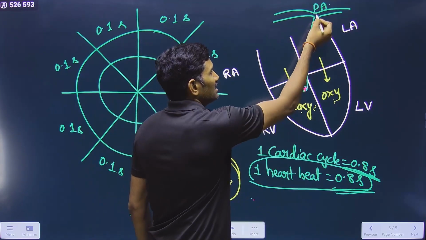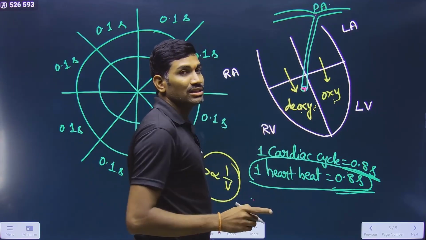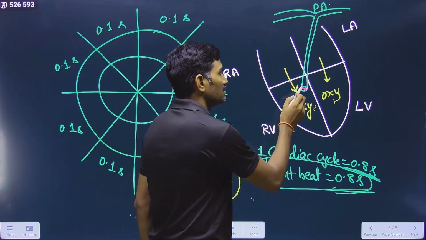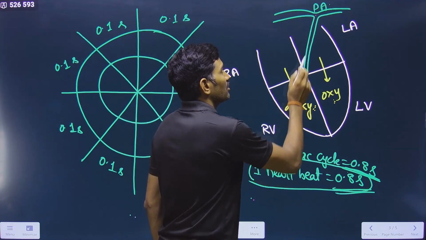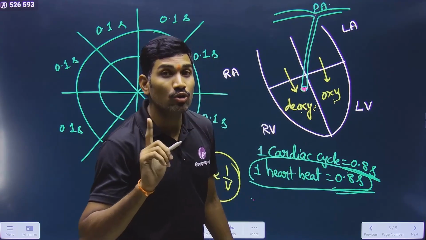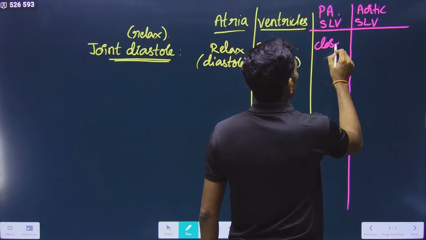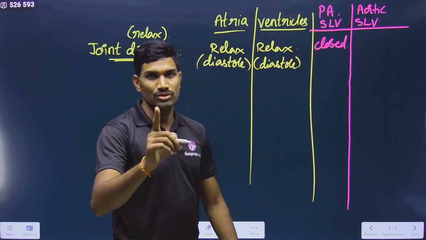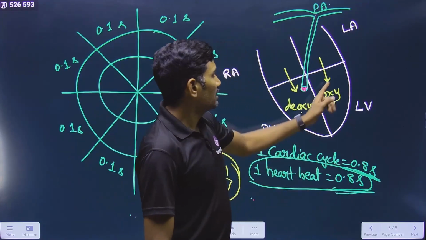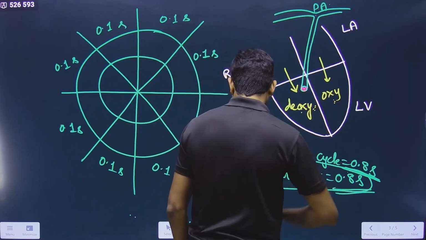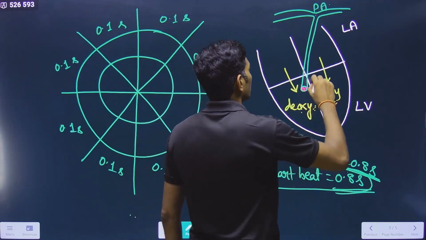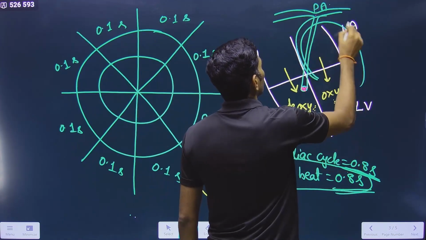If you don't understand the interlinking, you will make a mistake. Once you understand this, it will be very easy. There is a chance that this blood can go back into this, and that should not happen. That means the semilunar valves of the pulmonary artery should be closed. Very good. Next one here: there is the aorta. Observe carefully.